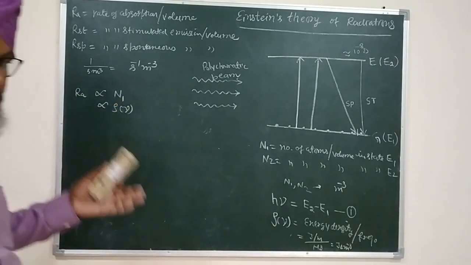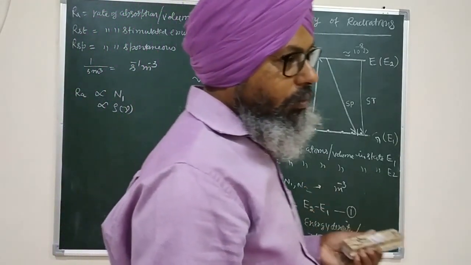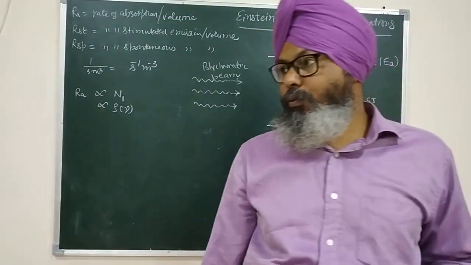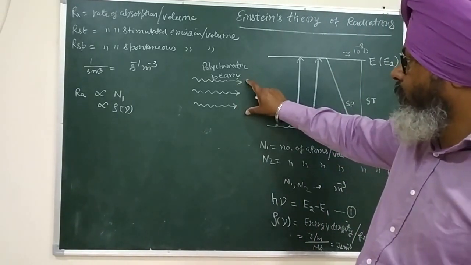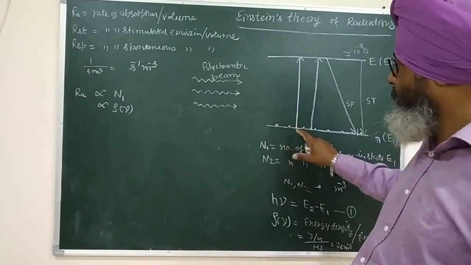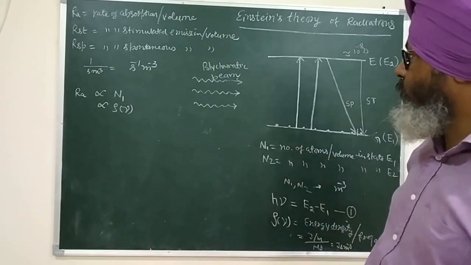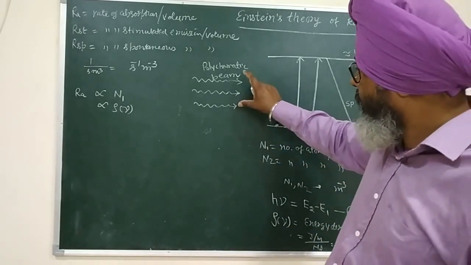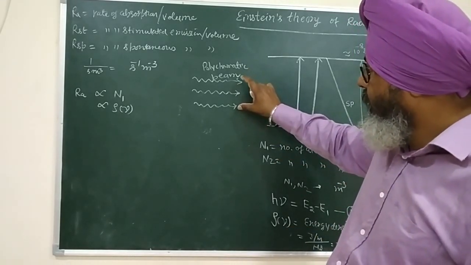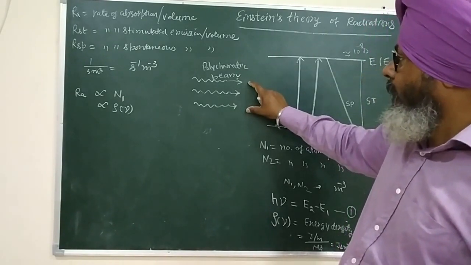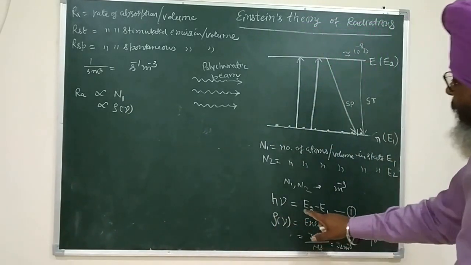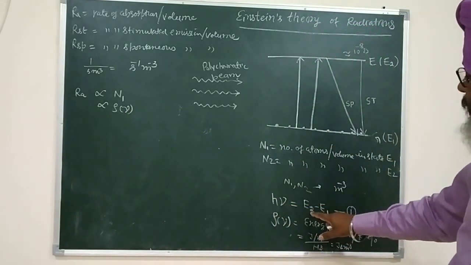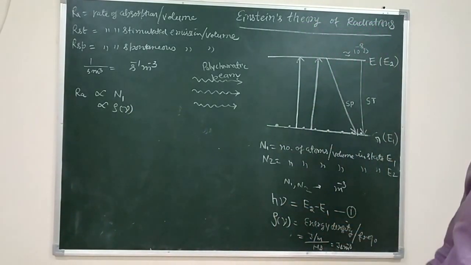Similarly, if there is a more intense beam of light having the particular frequency nu, given in equation 1 as E2 minus E1, for a given material having N1 atoms in the ground state, then the rate of absorption will increase.